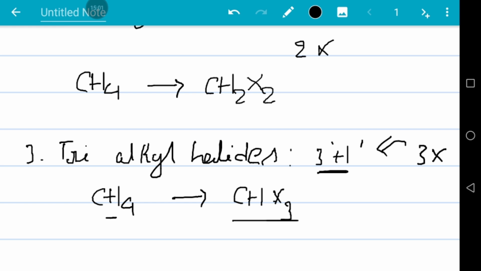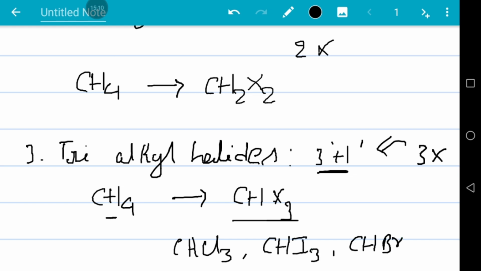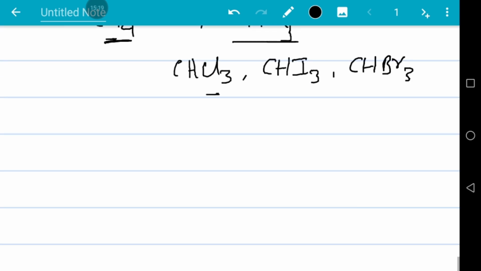So CHX3, for example CHCl3, CHI3: chloroform, iodoform, bromoform CHBr3, like this. Out of four hydrogens, three are replaced by halogens, so these are the trialkyl halides. And the fourth one is the perhalo compounds.